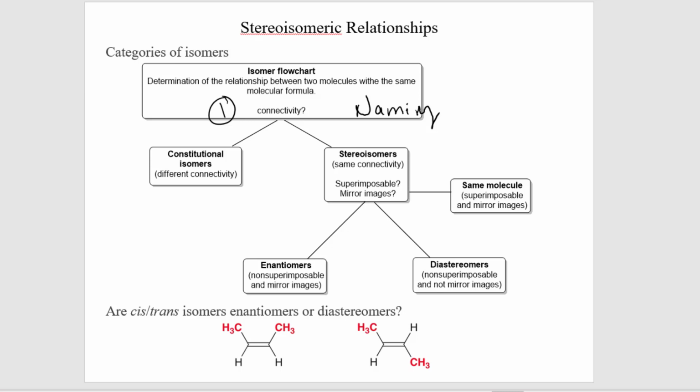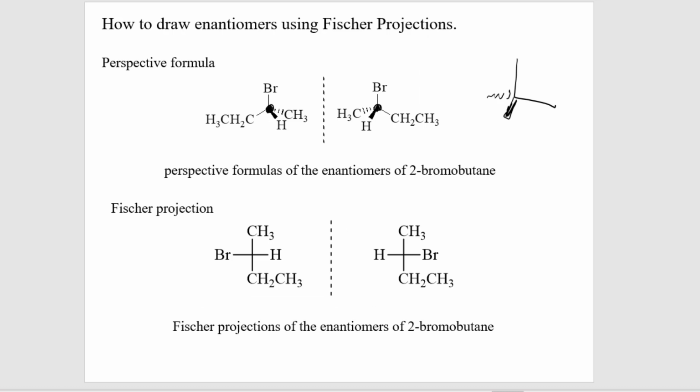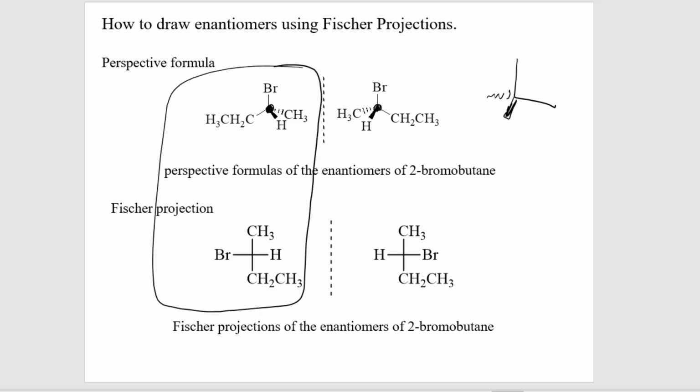But if things are connected the same way, but through space there might be a difference, now you have to consider the relationships of enantiomers, diastereomers, or even the same molecule. Sometimes things are drawn very differently, but it's just a different perspective of the same molecule. One could ask, what's the relationship between these two images? And you might look and say, well, everything's connected the same way, but through space, are they the same?